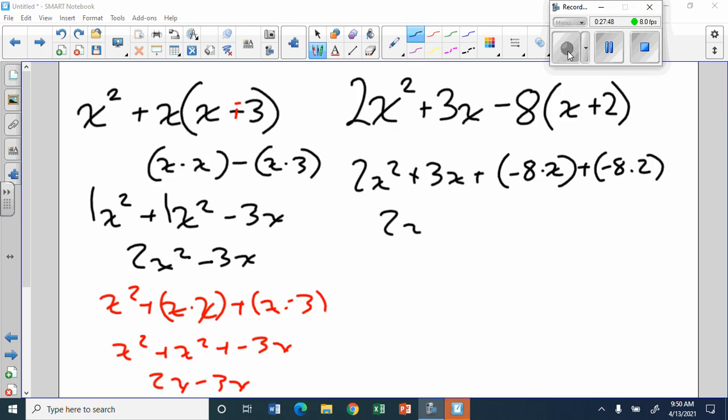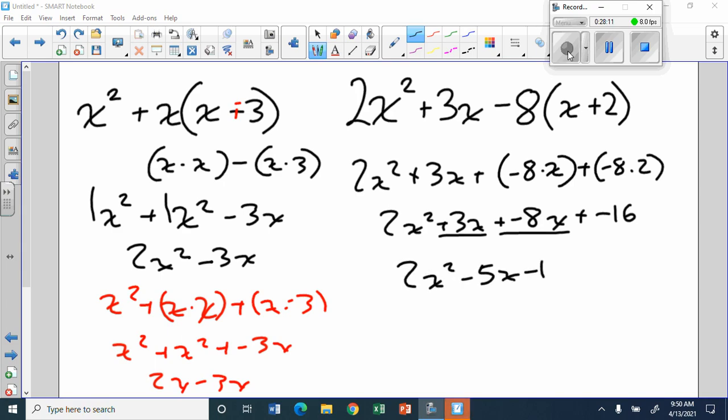So 2x squared plus 3x minus or plus a negative 8x plus a negative 16. Now we simplify. 3x plus negative 8x. Negative 8 plus 3 is negative 5, because the signs are different, we subtract. 2x squared minus 5x minus 16.